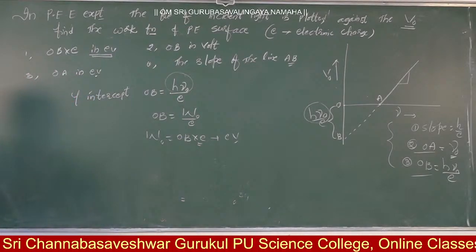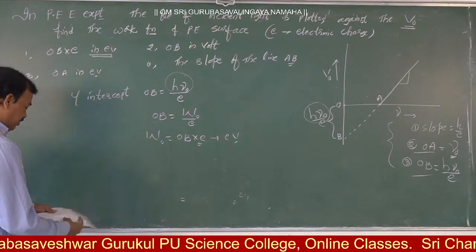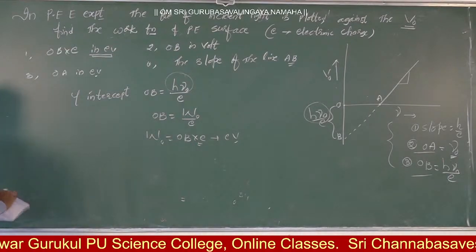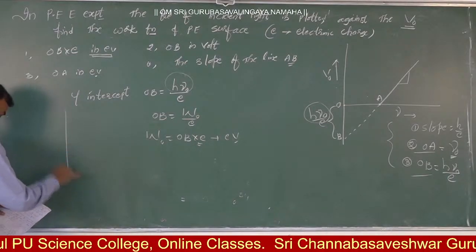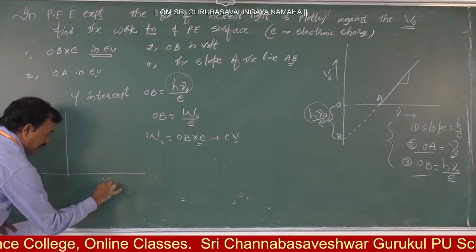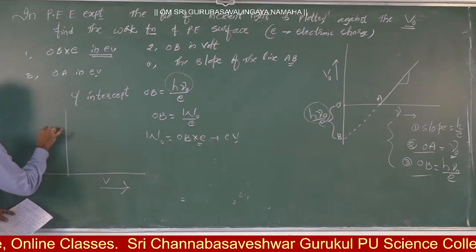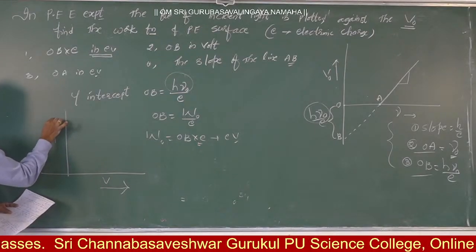Okay, next one. The anode potential value is taken on the x-axis and the intensity of incident light value is taken on the y-axis.